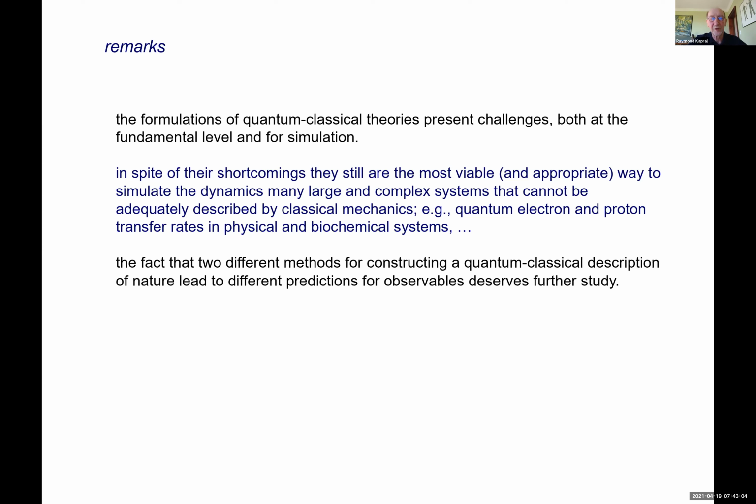So in other words, if you really want to forget about trying to make a connection with good approximations to full quantum dynamics, and you want to construct a quantum classical universe based on this equation, then a number of features come into play.